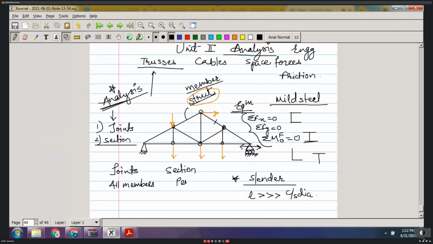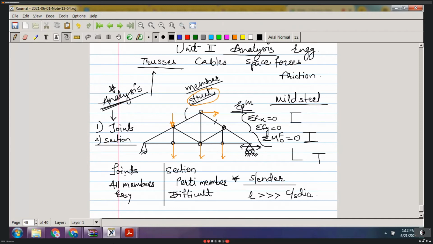So a particular member can be analyzed by using the section method. Is it clear? Method of joints is very simple, very easy. That way method of section is, I will say, difficult because it requires judgment.